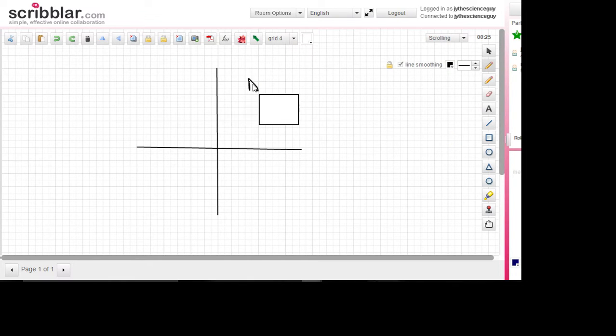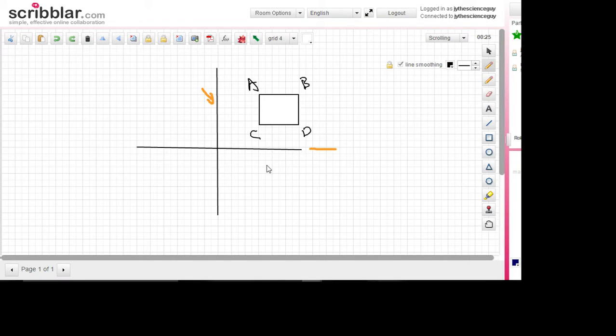This is A, this is B, this is C, and this is D. And I want to reflect that shape across the y-axis. Which axis is the y-axis? Wait, which one did you say? The y. Oh, the y is this one.